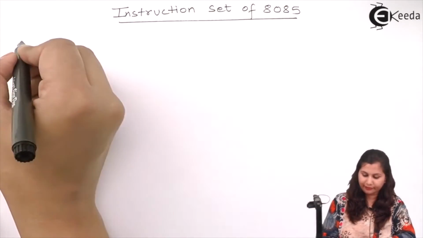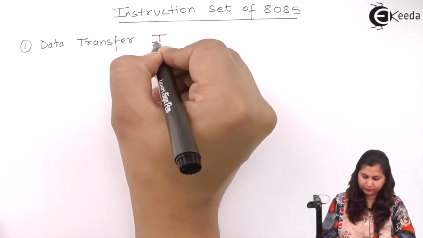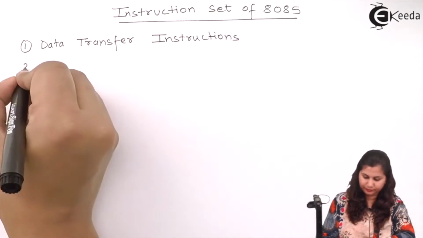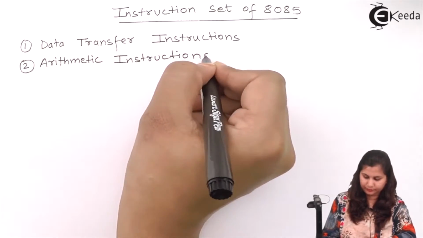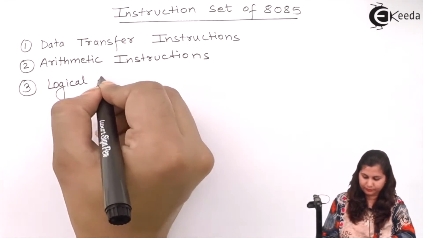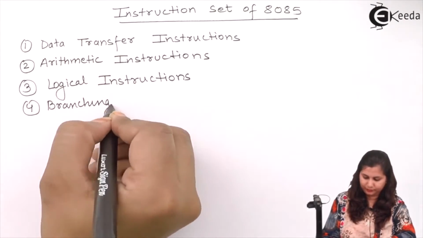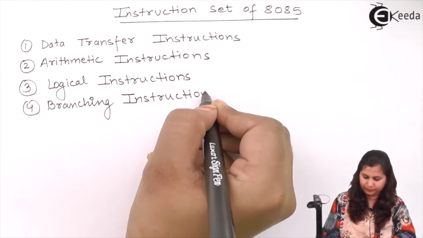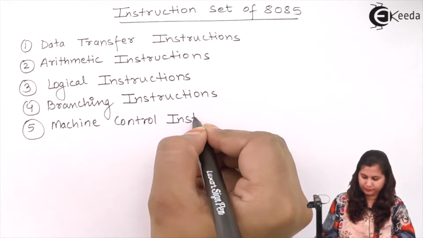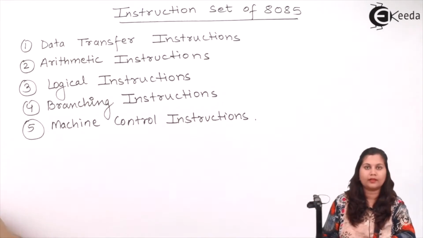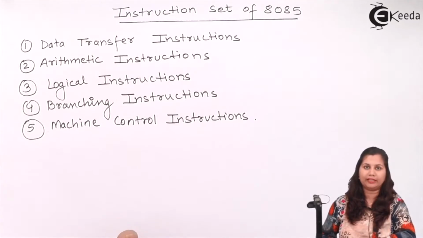The instructions are divided into the 5 categories. So these are the 5 categories in which the instructions of the 8085 are divided.